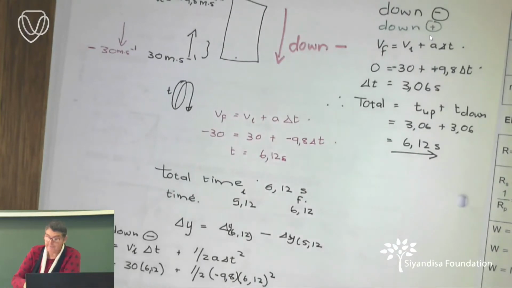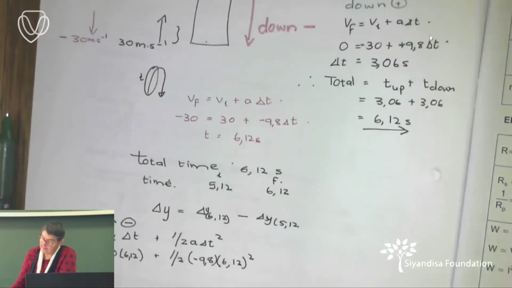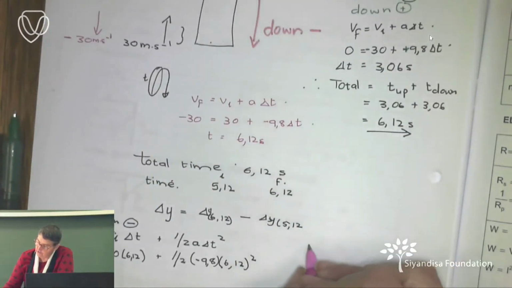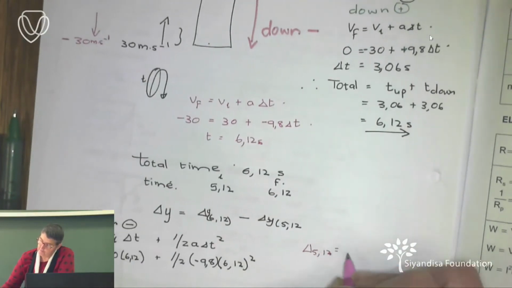Okay. Now I've got to do exactly the same, except now I'm going to do delta y for 5,12 seconds. Okay. So delta y for 5,12 seconds. I'm not going to get a mark for the formula.